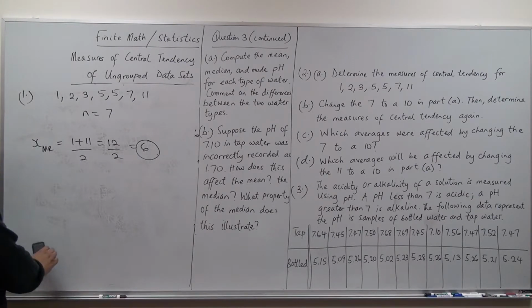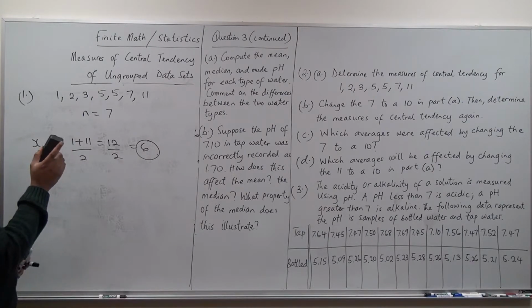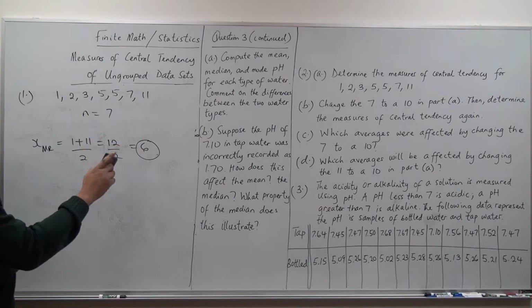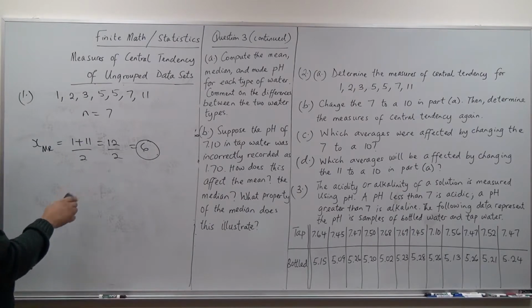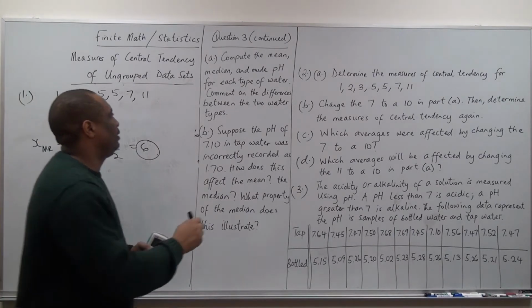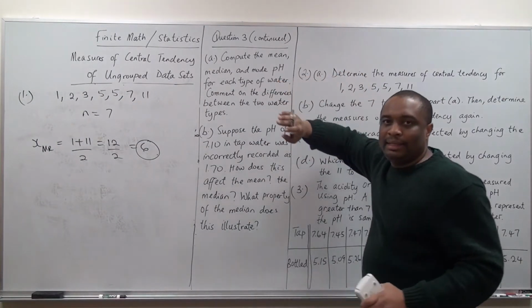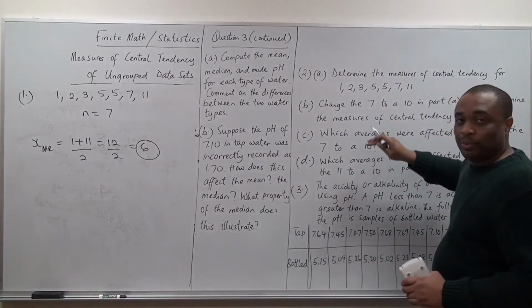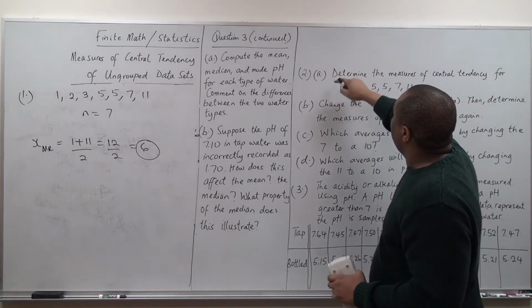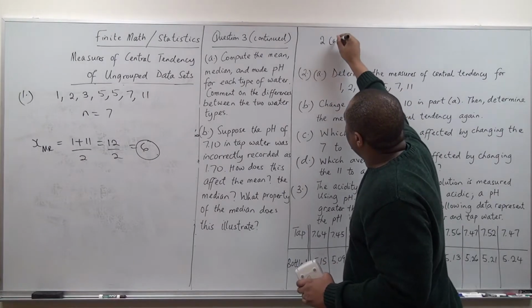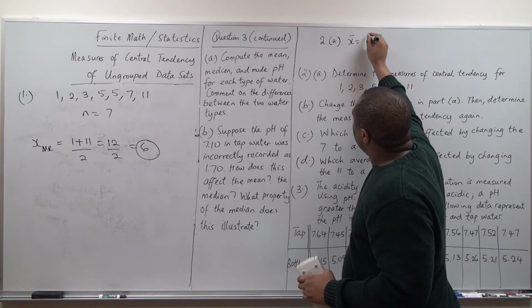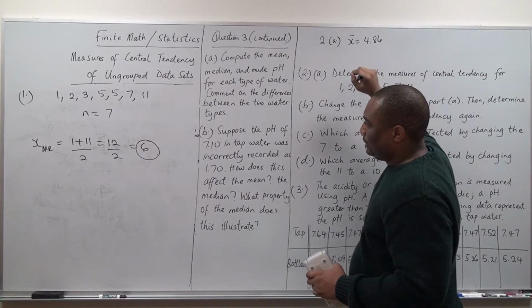So we've done that. Now, we still have another one. So let's go in here. This is not just one. I thought it was only one question. Now, for part 2A, we had our mean to be 4.86, I guess, right?